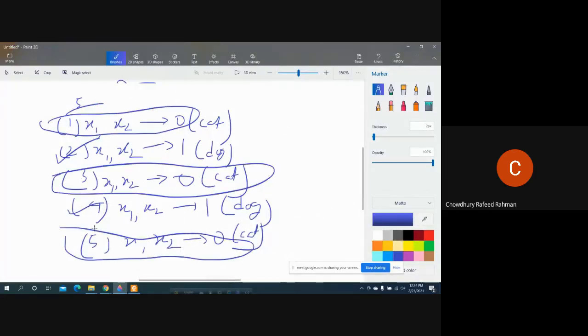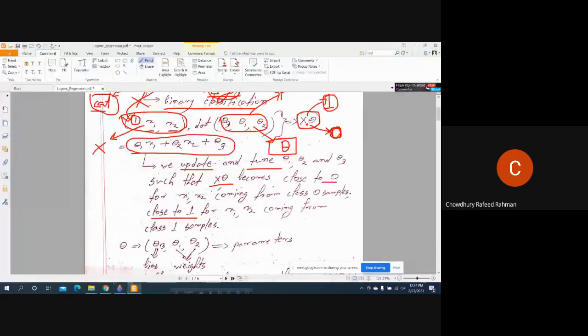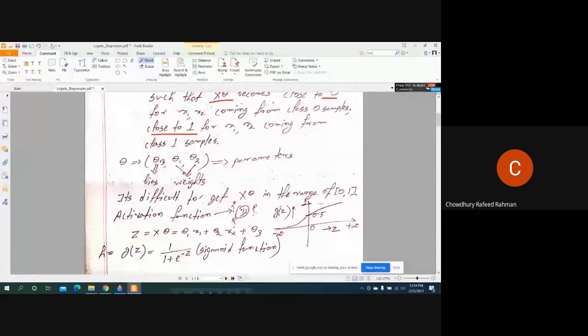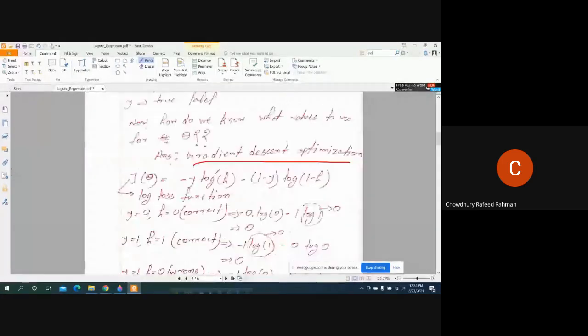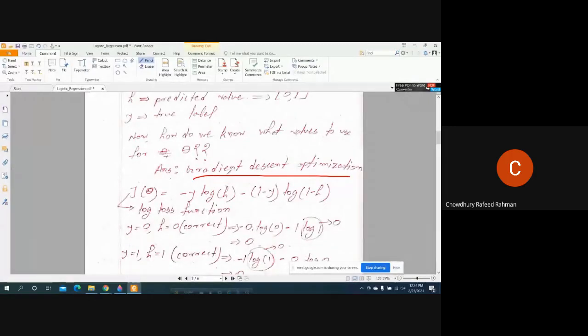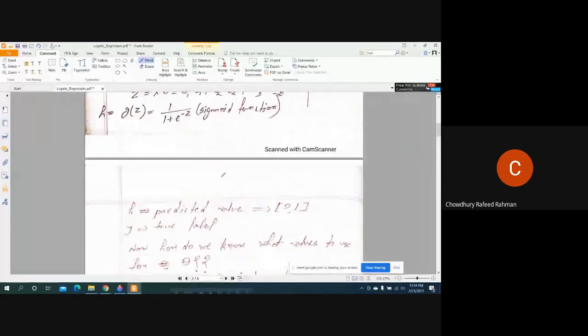Are we clear on this? Yes, sir. Okay. Now again the question remains, how do we actually update theta? I have not told that yet. And again, I shall answer that you have to use gradient descent optimization, and we shall cover this later on.